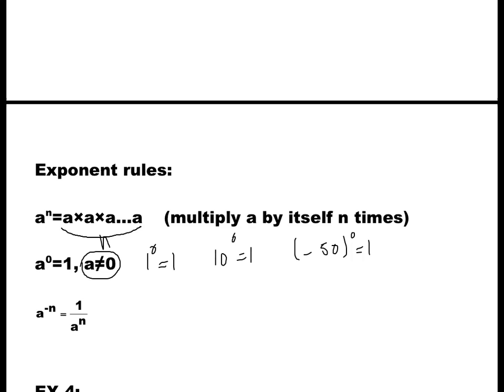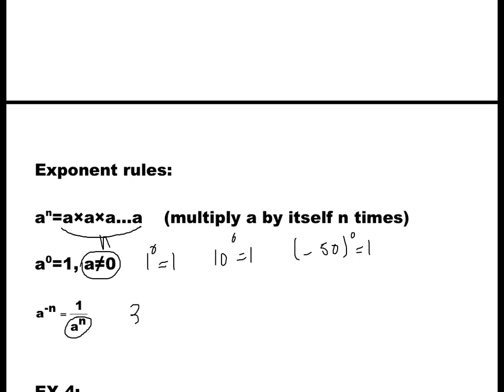The other thing that you learned is any number with a negative exponent is the same number in fraction form, with the denominator being the same power but with a positive exponent.